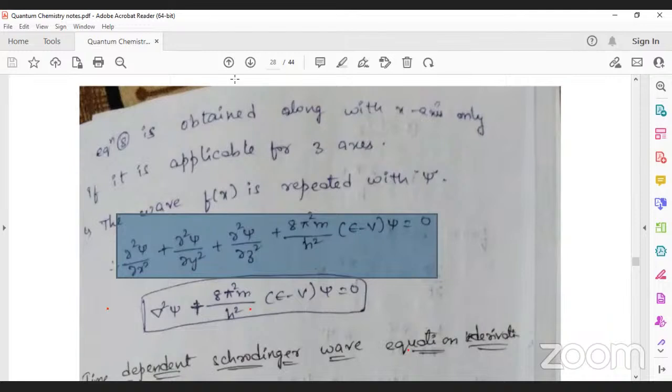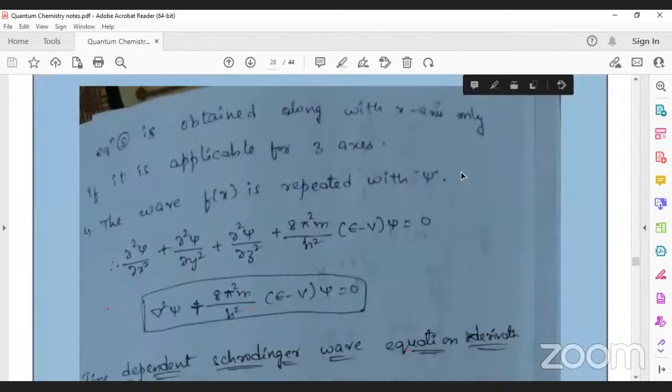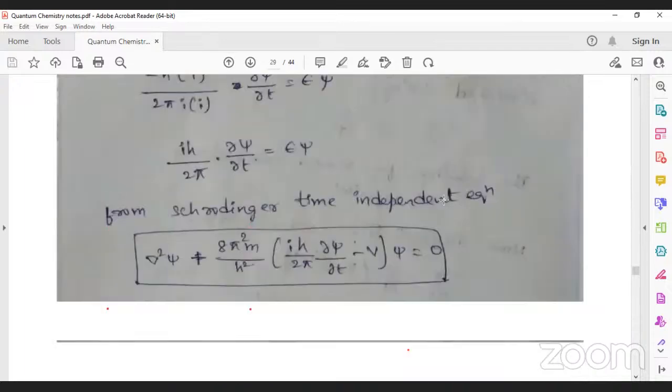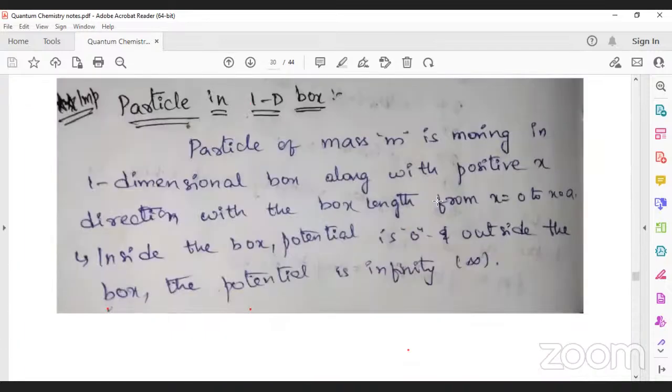Then the particle in a one dimensional box. We are going to discuss a particle in a one dimensional box. Whenever the particle moves in one direction, along the x direction, with the box length of 0 to a. See, these are the two axes.